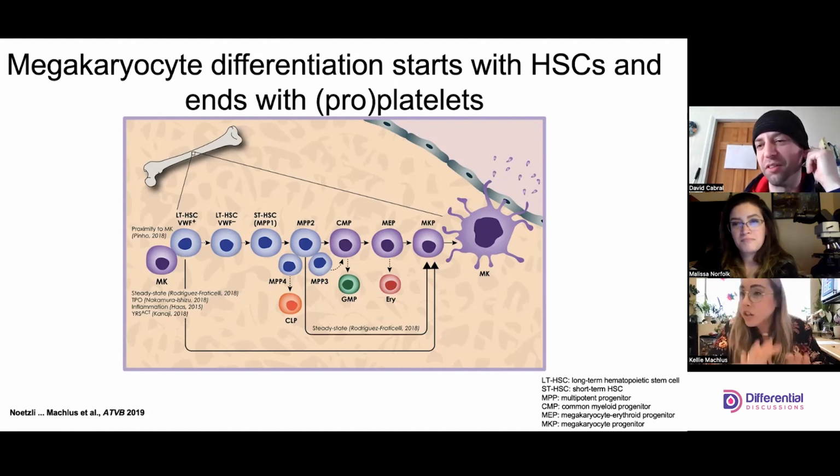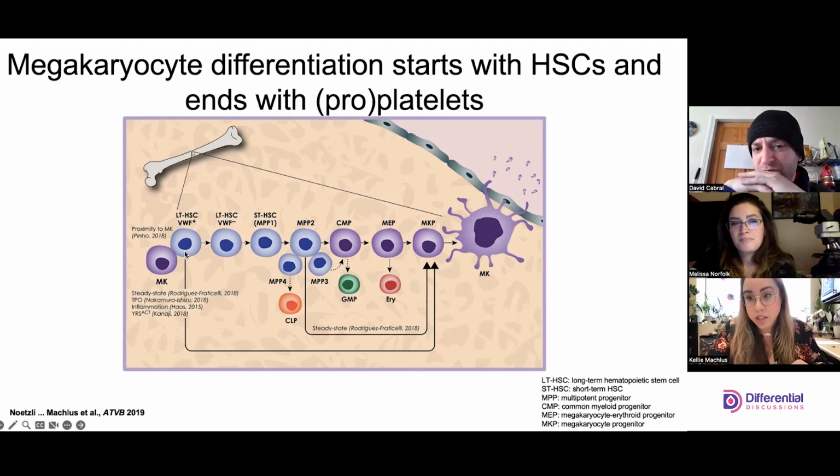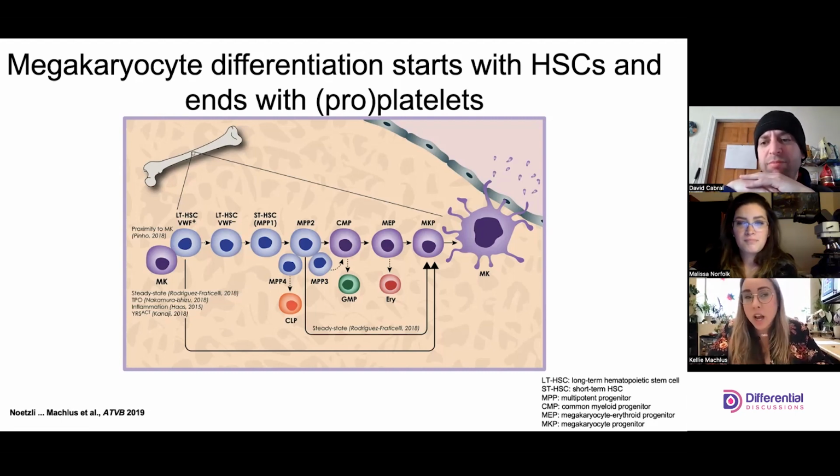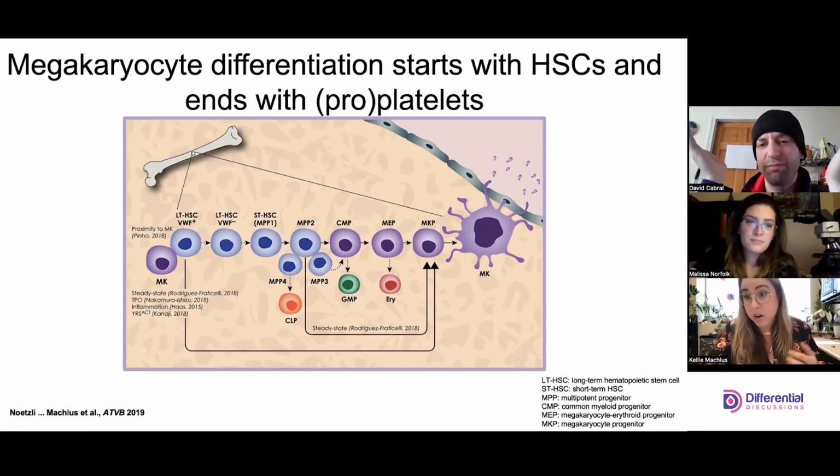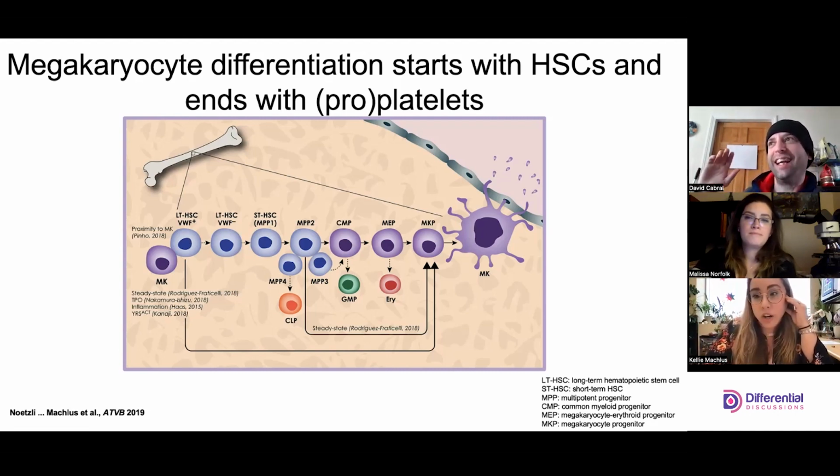No, TPO is the usual driver, and it takes a long time. This is definitely an emergency process. The things people have found are ways to stress mice, make them inflammatory, make them very thrombocytopenic, but that's obviously a whole cascade of stuff in the marrow. No one's found that I give them this one thing. Yeah, so it's still very interesting.